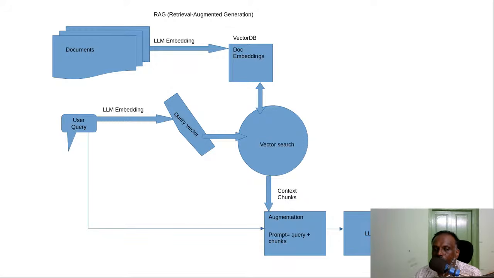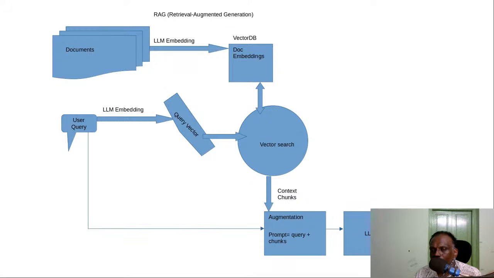Normally these RAG systems are mostly applied with real-time chatbots, right? In real time, if retrieval takes a lot of time, it will not be effective. So vector search will be fast. I will explain that in detail. That's the reason why we use it.